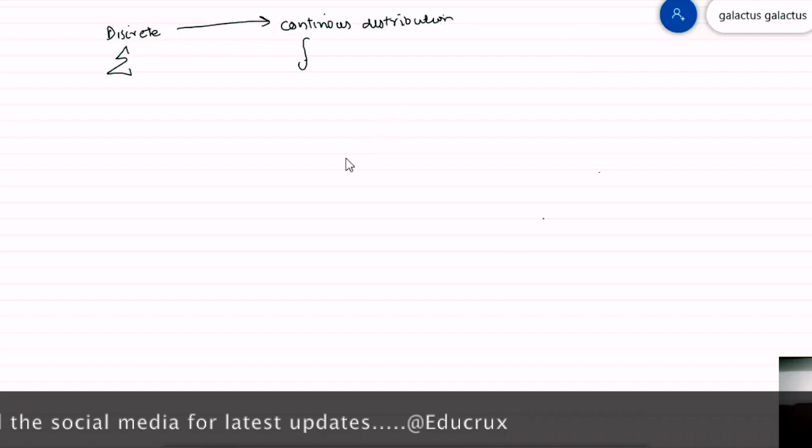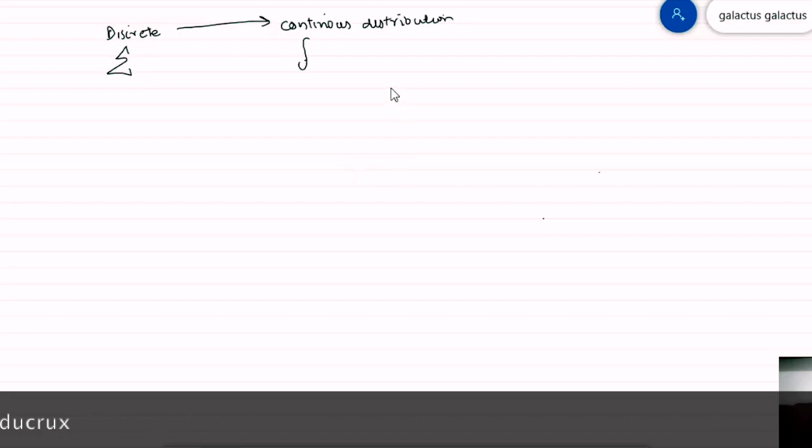And if my charge is spread on a surface, and I know the surface charge density, then I have to integrate it over the surface.